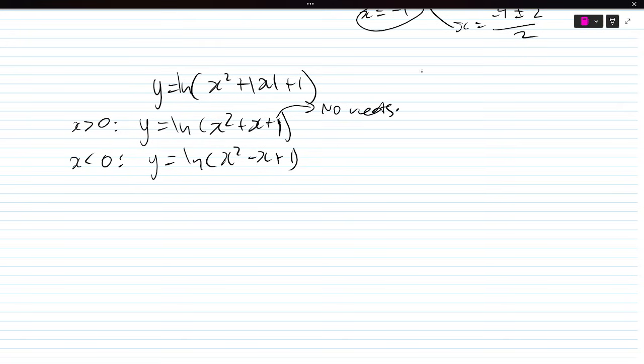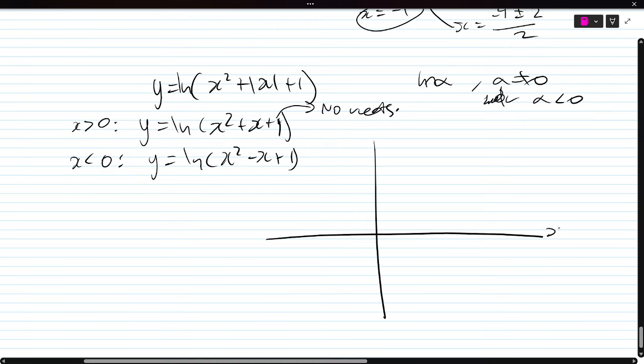We know that ln alpha is not defined when alpha is equal to 0 or alpha is less than 0, so it can't be negative. Luckily, x squared plus x plus 1 is always positive, so we're not worried about that.